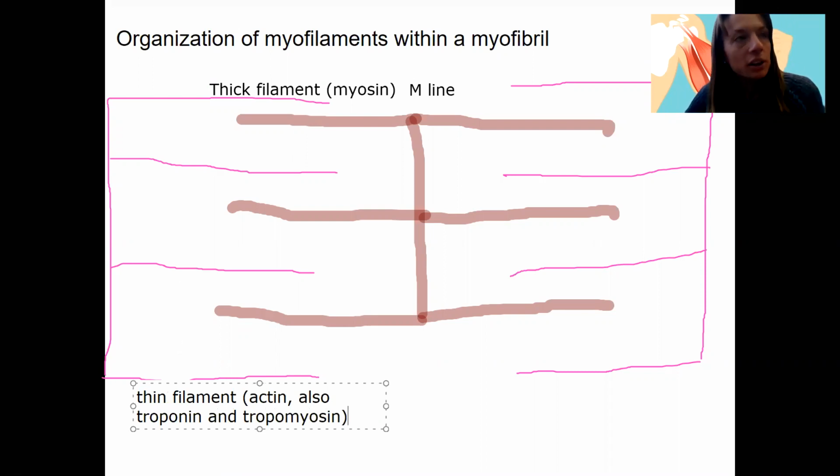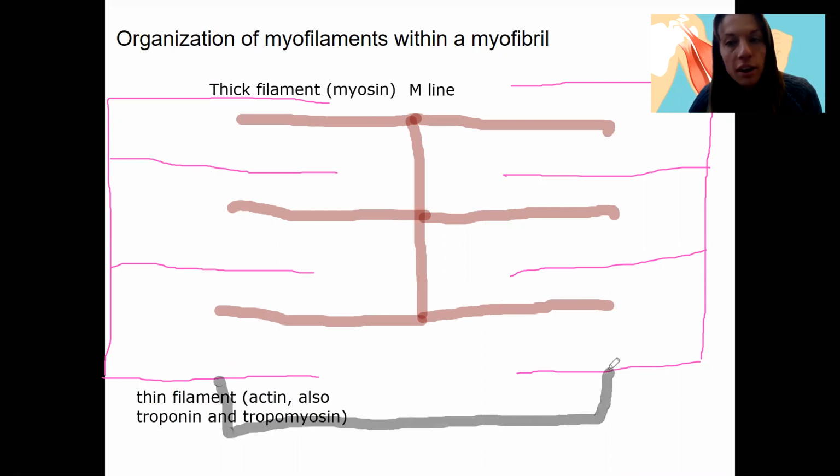Some more things to label here. You can see there is a portion where these thick and thin filaments overlap, and there's a portion where there's just thick, and there's a portion where there's just thin. So first I want to label for you this entire portion here where the thick filament is located. Where there's thick filament, it's going to be dark.